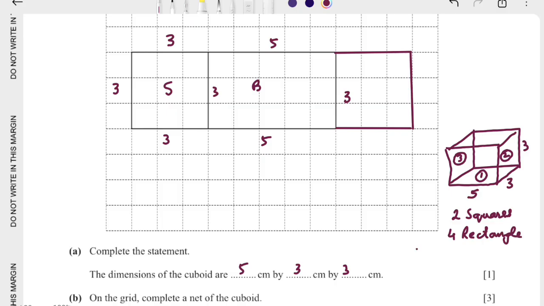So two rectangles are drawn in such a way that one rectangle is on the bottom side and one is on the top side.